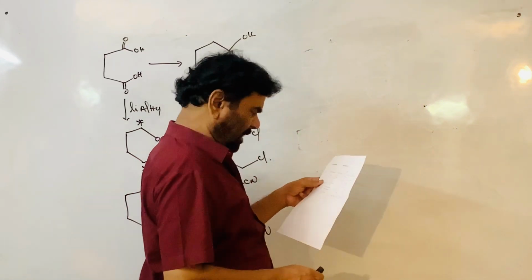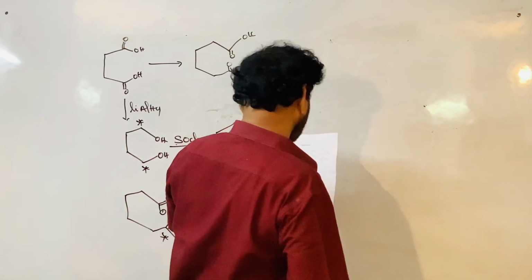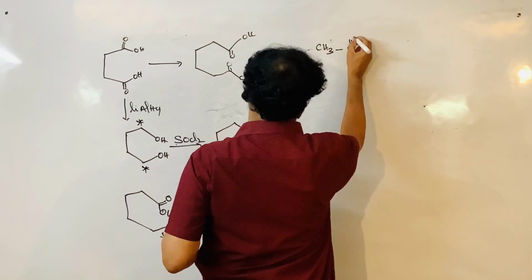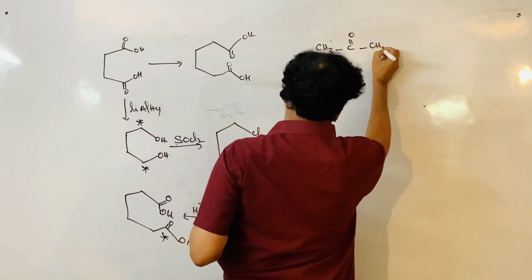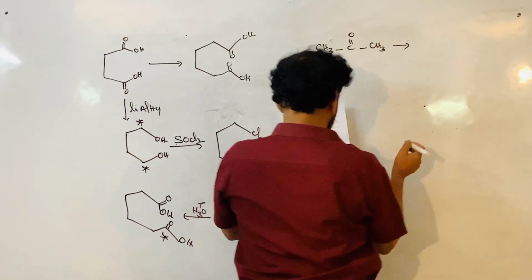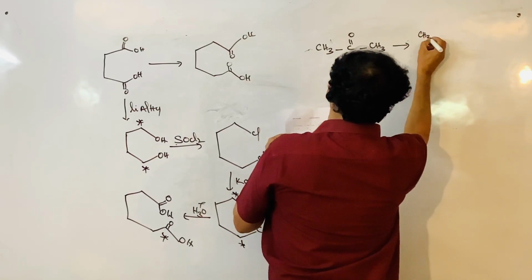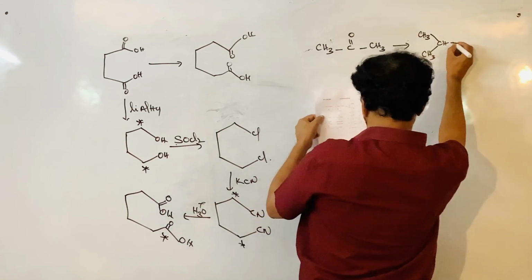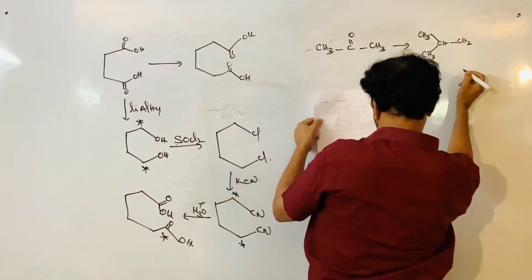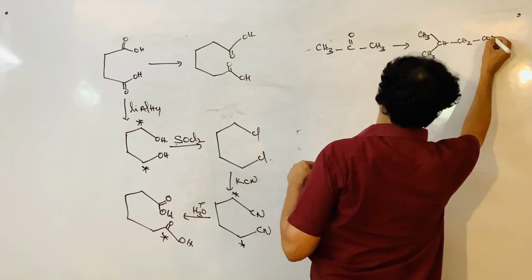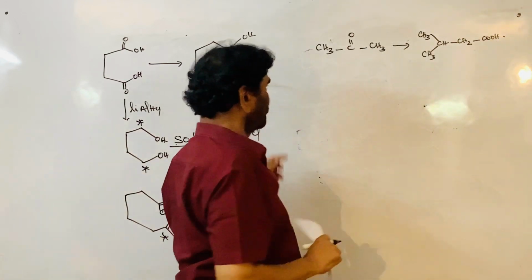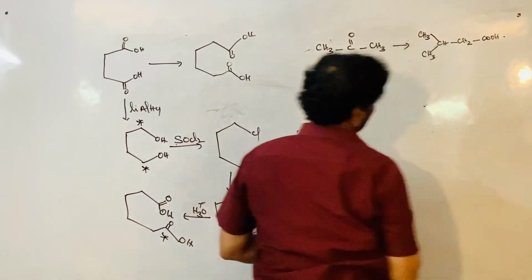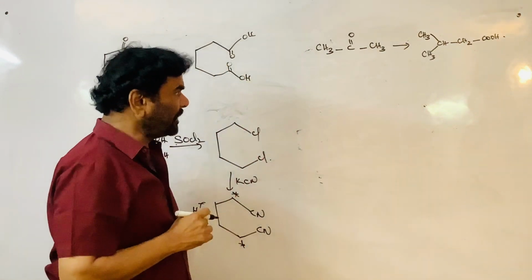And the next one is acetone to CH3 acetone part, CH2 COOH. If there is a ketone, we always have to suspect aldol condensation. This is the acetone part, and something is added to this.